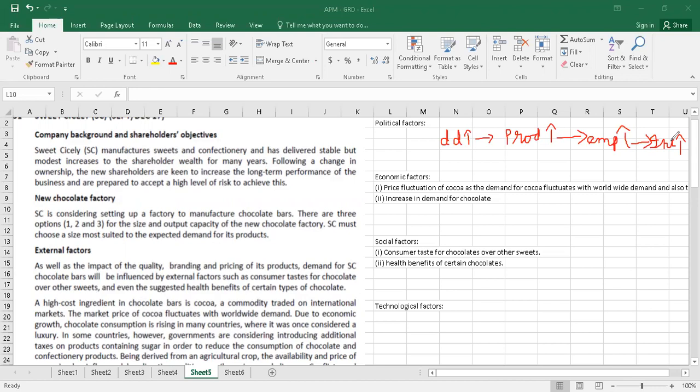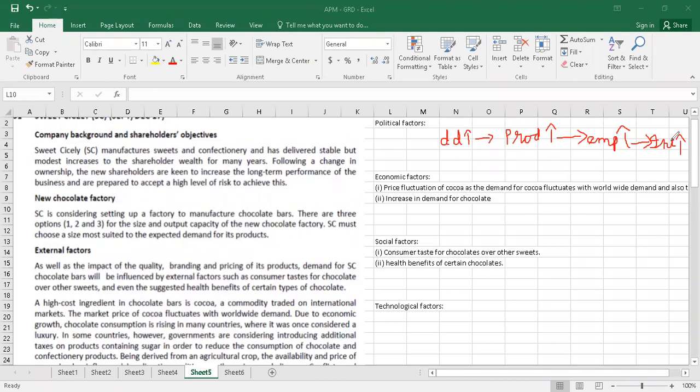People viewed them as belonging to an elite group, but now even a laborer owns a phone, and now they also have a smartphone. So that cycle of having more income in their hands has resulted in an increase in demand for luxury products.